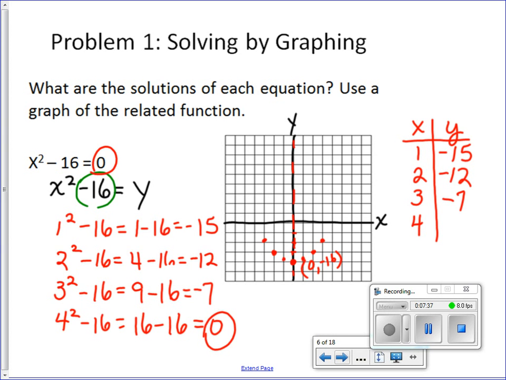So at 4, 0, we have a point, and reflecting it across the y-axis also gives us negative 4. So I'm going to use these points to draw my curve, my parabola, and my solution in answer to the question would be x is equal to positive 4 and negative 4.